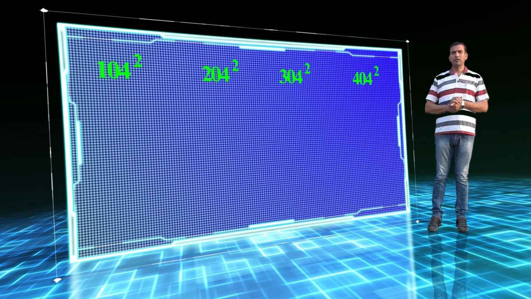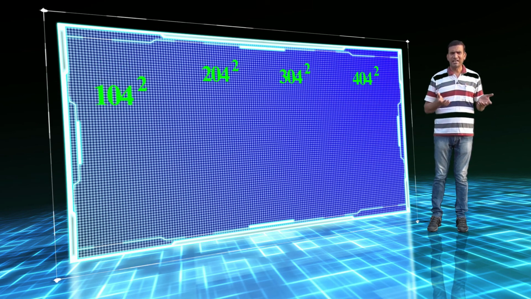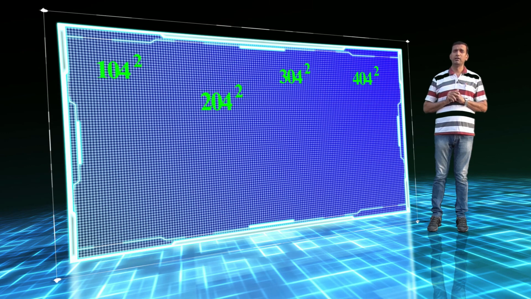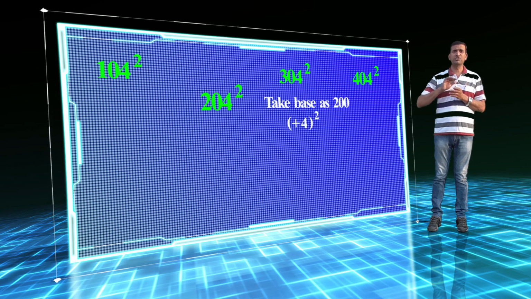You can find 104 squared instantly: 10816. But if we consider 204 squared, how will you find it? By taking 200 as the base, this is plus 4. 4 squared is 16. 204 plus 4 is 208.